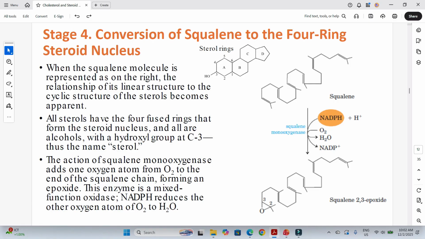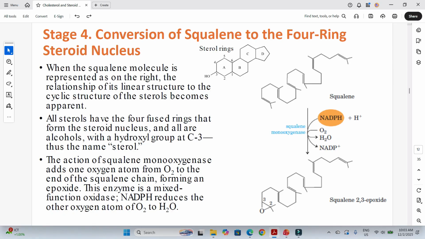Now this is going to be opened up, generating a positive charge on carbon number 2. So this carbon atom will then attack carbon number 2, generating a positive charge here, which will again be attacked by this carbon atom. So we end up forming 2 rings. A positive charge will be formed here, which will be attacked by this carbon atom, forming the 3rd ring.